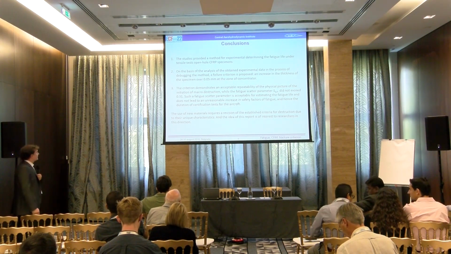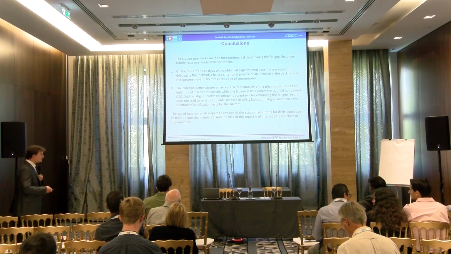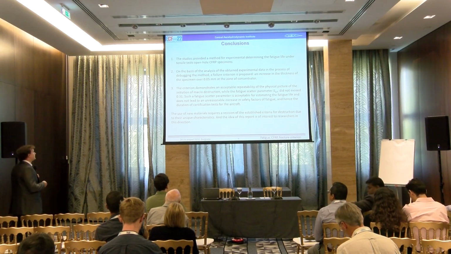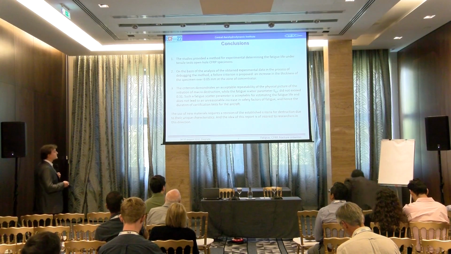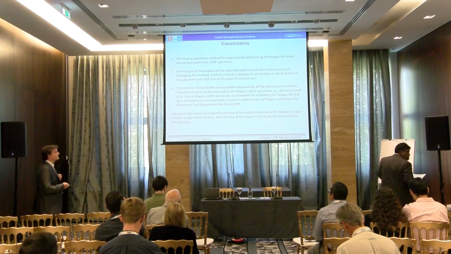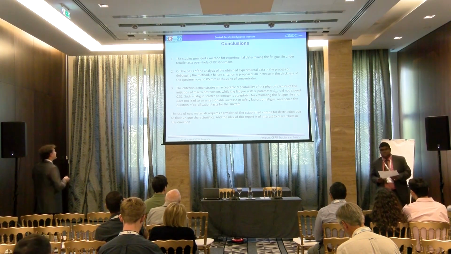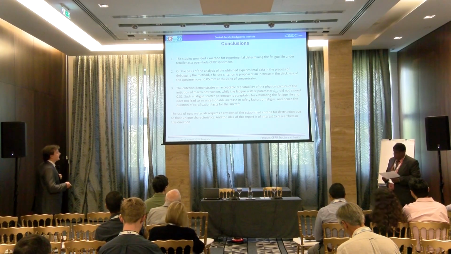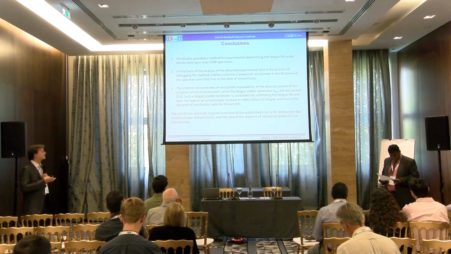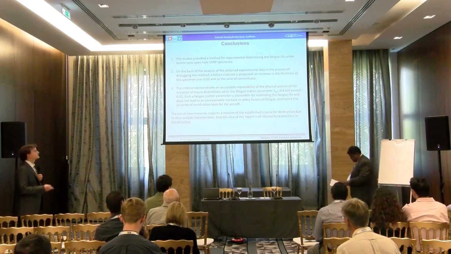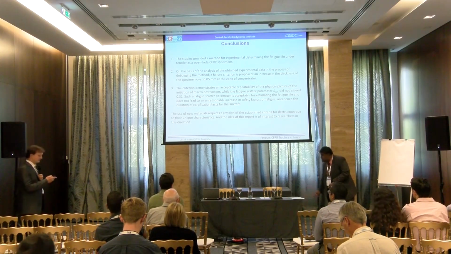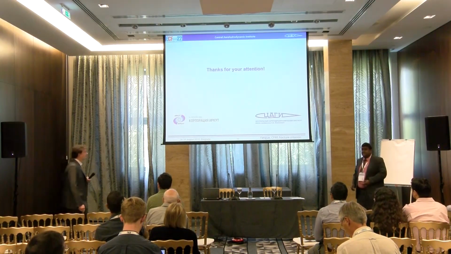And finally, I should say that the use of new materials in industry requires a revision of established criteria for destruction due to their unique new characteristics. And the main core of this report is of interest to researchers in this direction. Thank you. Thank you very much.